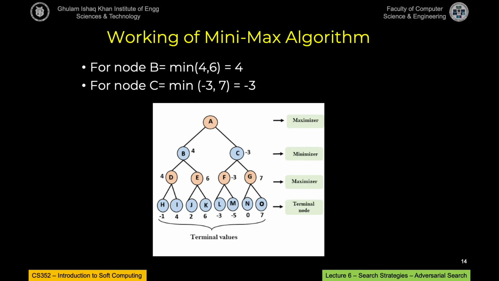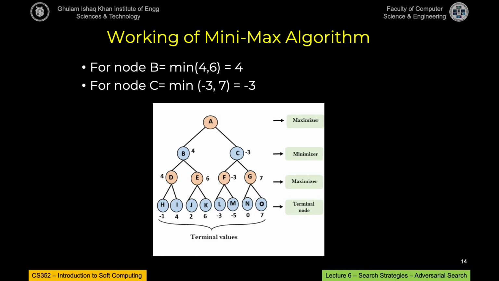The minimizer is supposed to find the value for node B and C. For node B, it has to take the minimum value between plus infinity and the value of D, which is plus 4, and the value of node E, which is plus 6. So plus infinity, 4 and 6, the lowest value, since it is the minimizer, it will have to find the minimal value. The minimal value between them is 4, so the value of node B is 4.